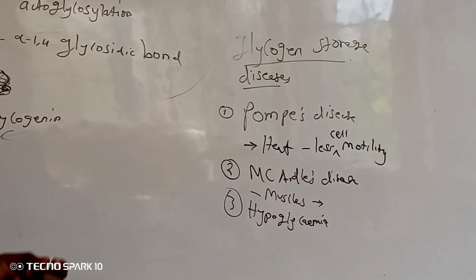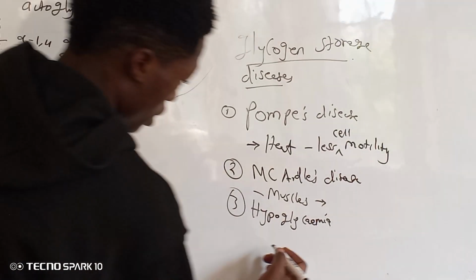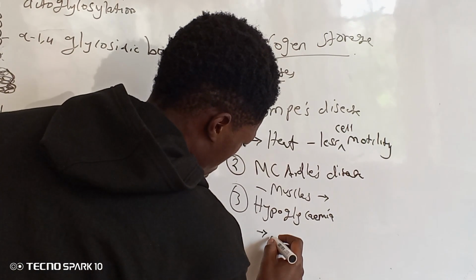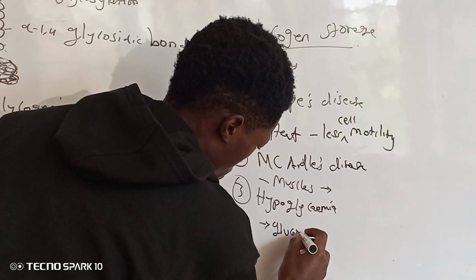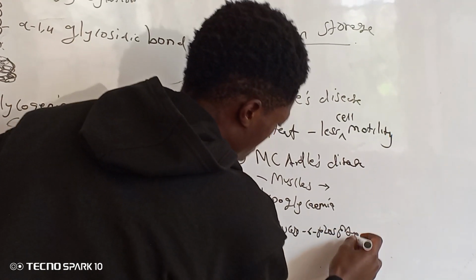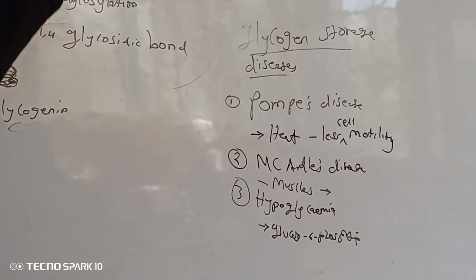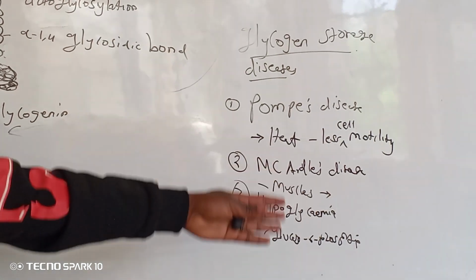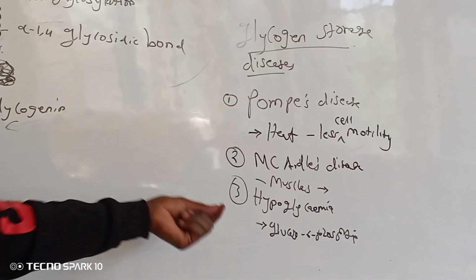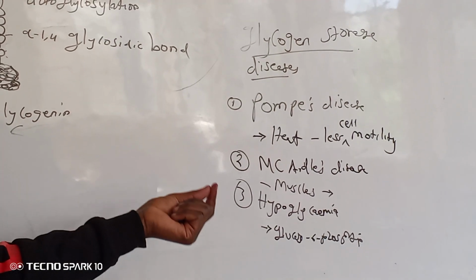This mainly occurs when there is a lack of an enzyme called glucose 6-phosphatase. When this enzyme is not there, you cannot convert glucose 6-phosphate into glucose molecules. Mostly you are going to see this when breaking down the glycogen molecule into individual glucose molecules.